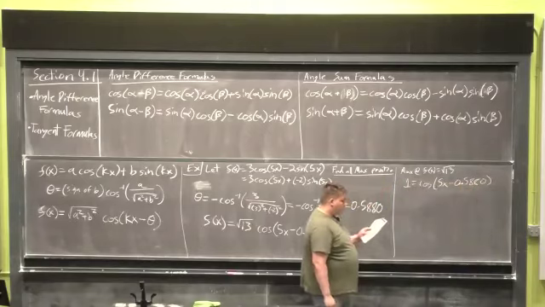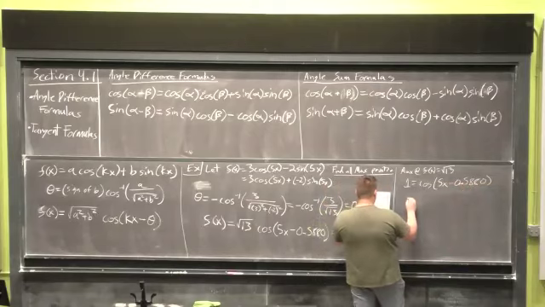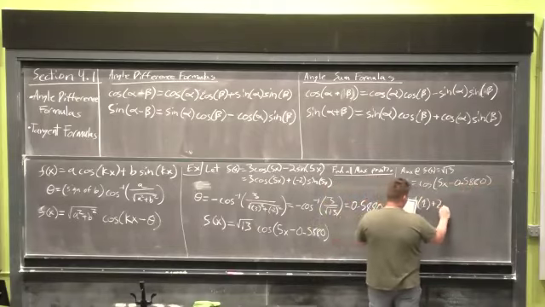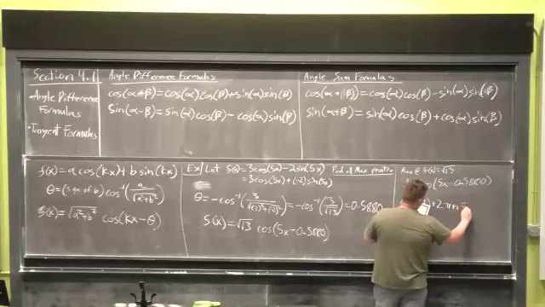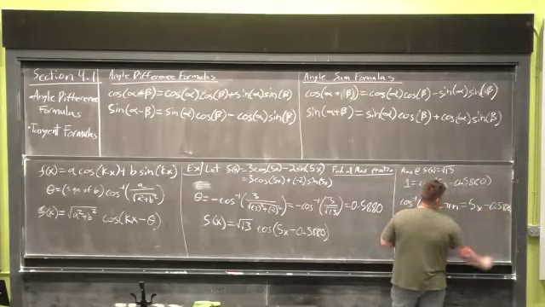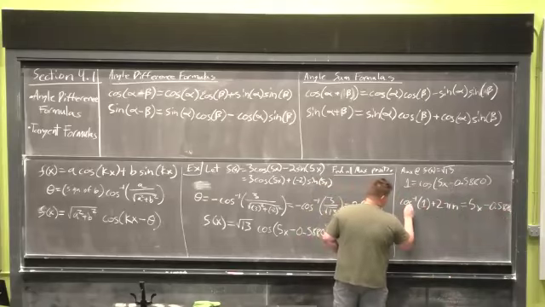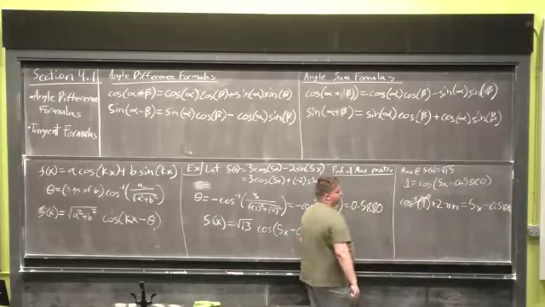Take cosine inverse of both sides, and we get cosine inverse of 1 plus 2 pi n is equal to 5x minus 0.5880. Cosine inverse of 1 is 0, so it just kind of goes away.